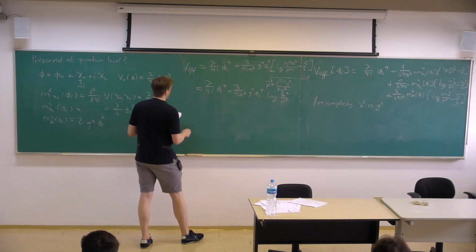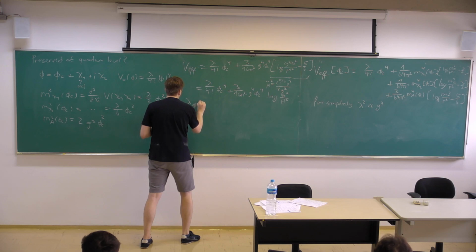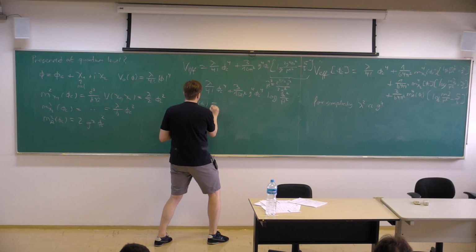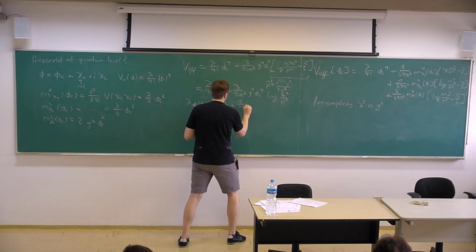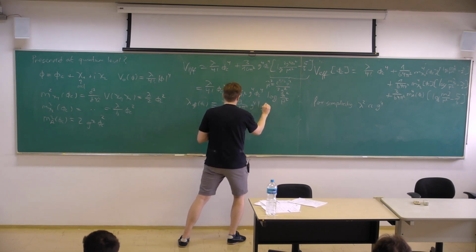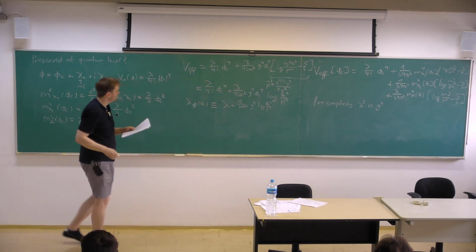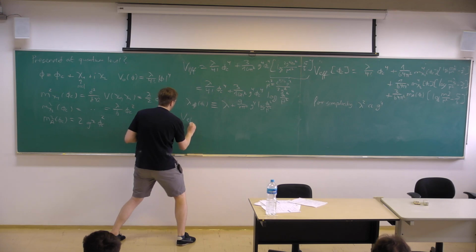Let's define an effective quartic coupling, lambda plus this quantity. If I introduce this quantity, then I can rewrite my effective potential in a very simple way.